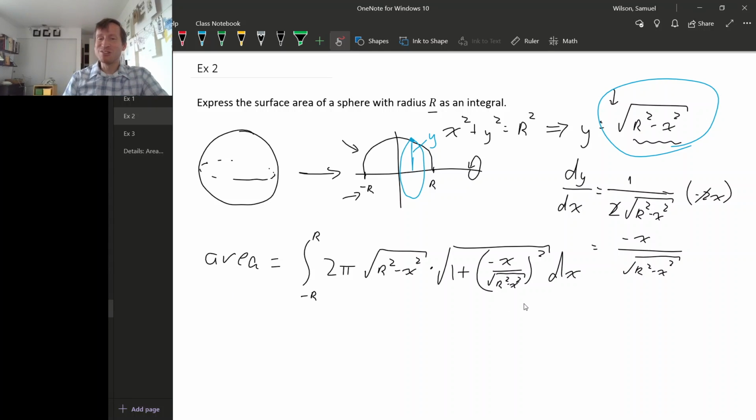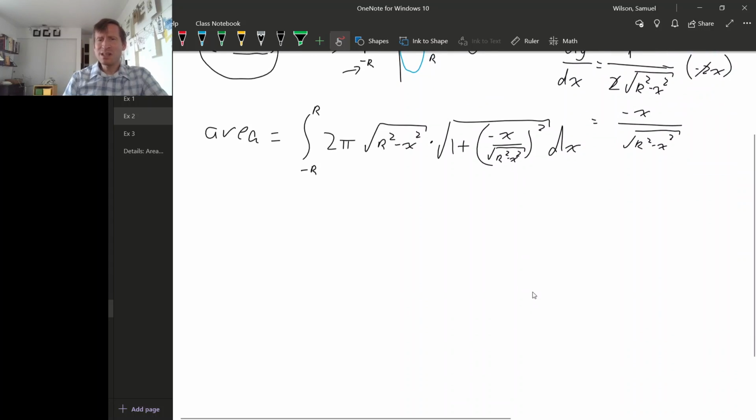Now this integral looks like a real mess, but let's see if we can make any progress on it, just to see if we can produce the sort of classical area formula for a sphere. So integral from minus r to capital R, I guess we might as well move this 2 pi to the outside. Here we have a product of two square roots, so we can put these two square roots together, right?